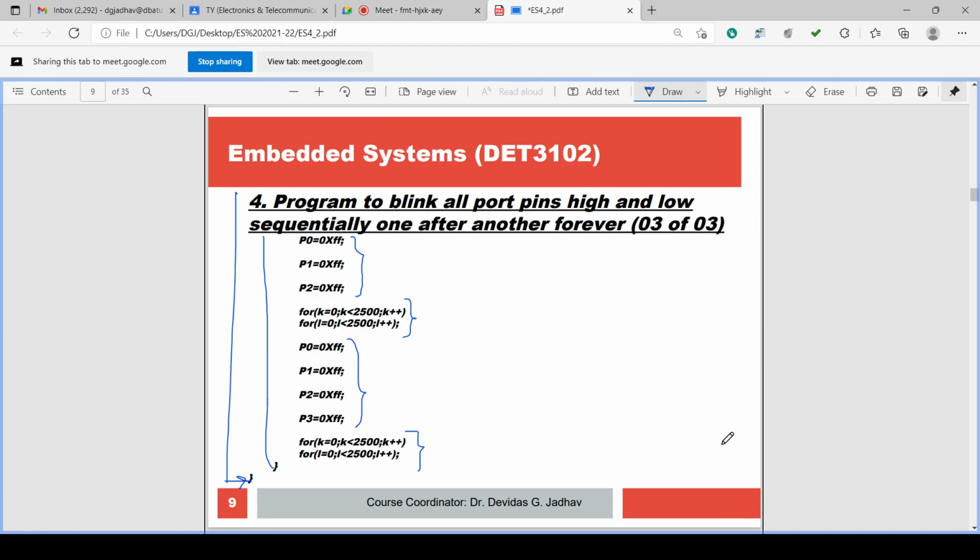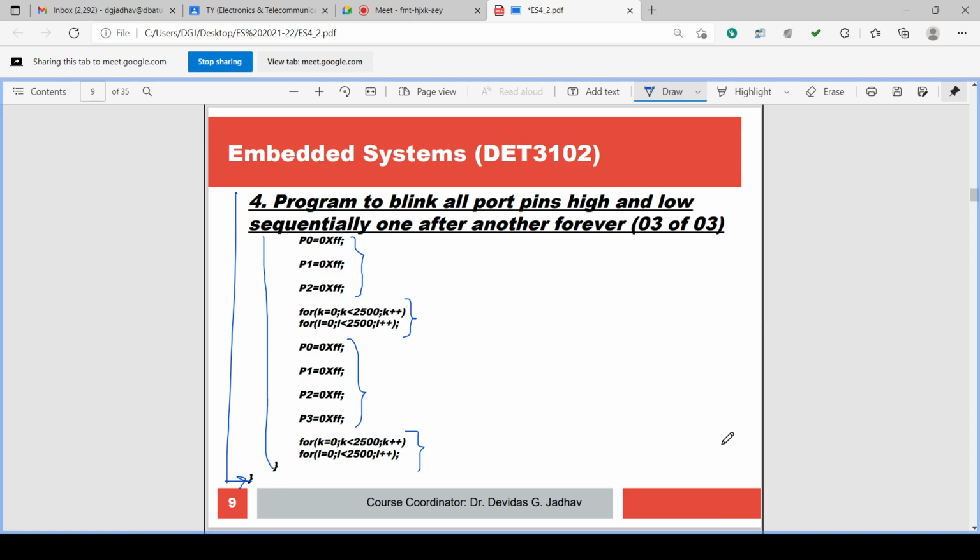I think you have understood this program. In this program, only a simple thing is done: blinking from high to low sequentially, and a for loop is used in a nested fashion.